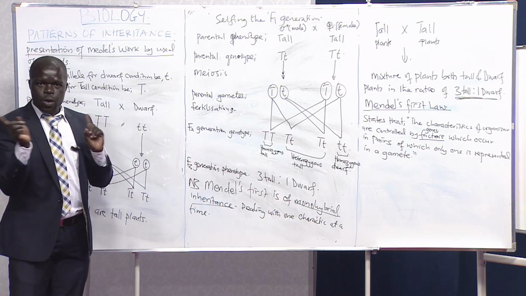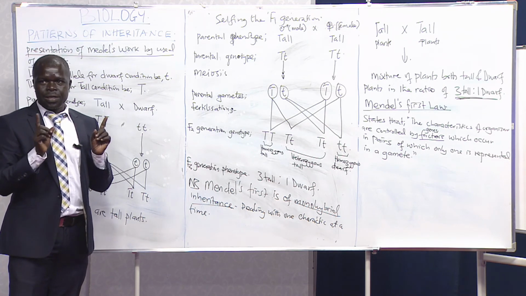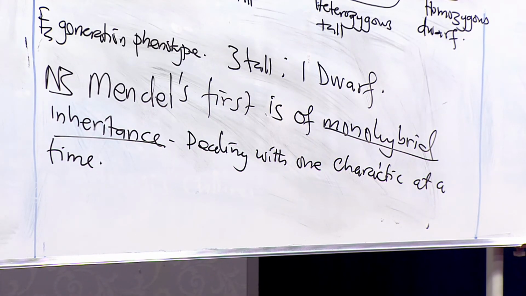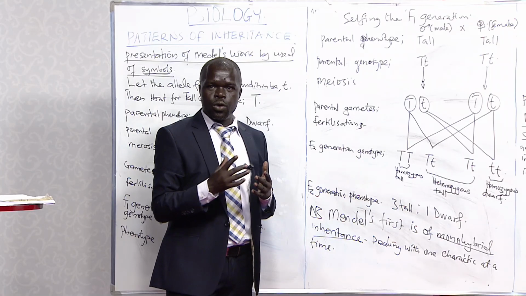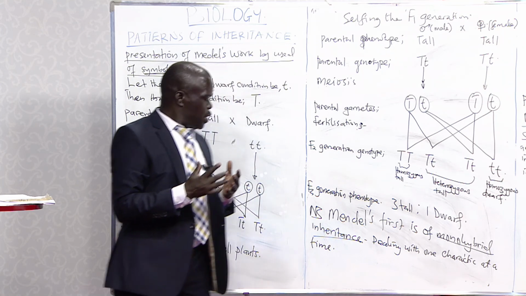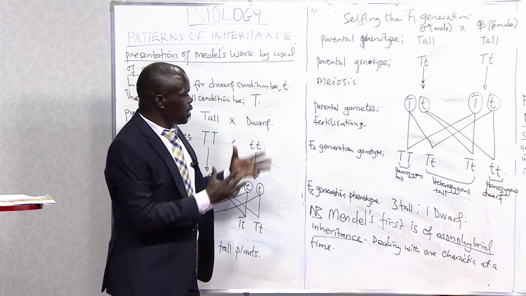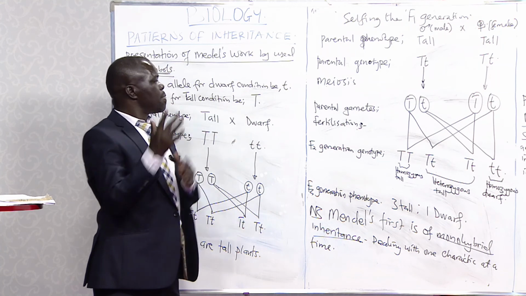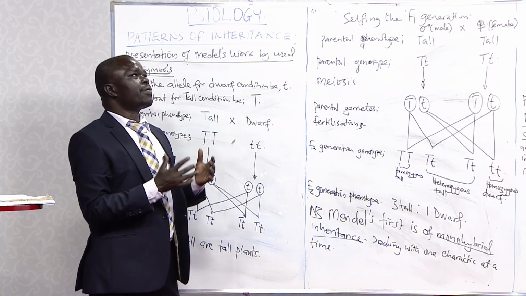Those two are not characteristics. The characteristic, or the trait, is height, but it has two alternative forms, dwarf and tall.